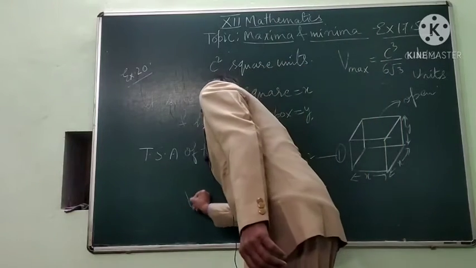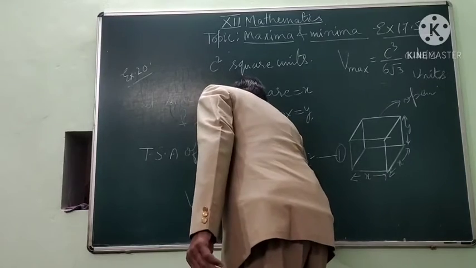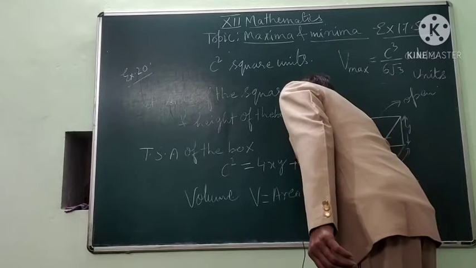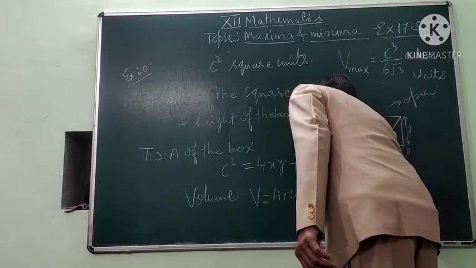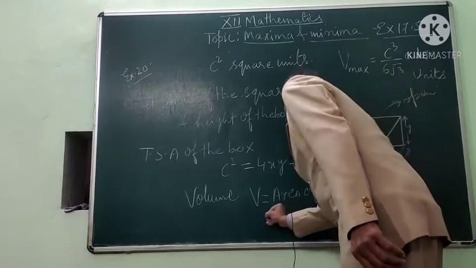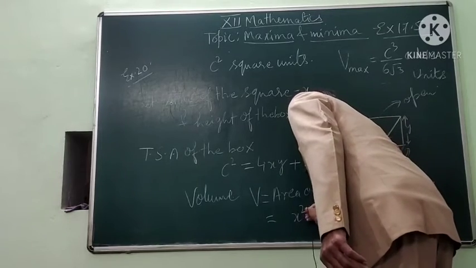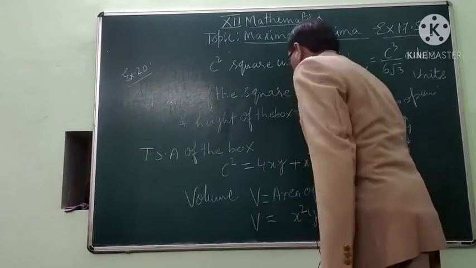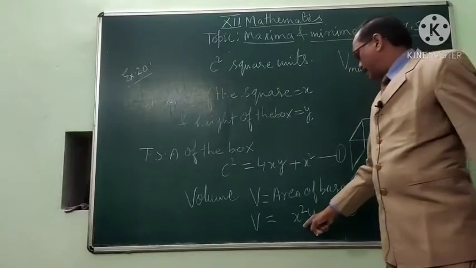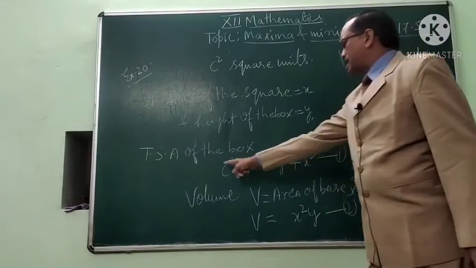And the volume of the box, let it be V, is area of the base into height. Base is x square and height is y. So it is x square into y. Student, here volume is a function of x and y both, and this is given constant.